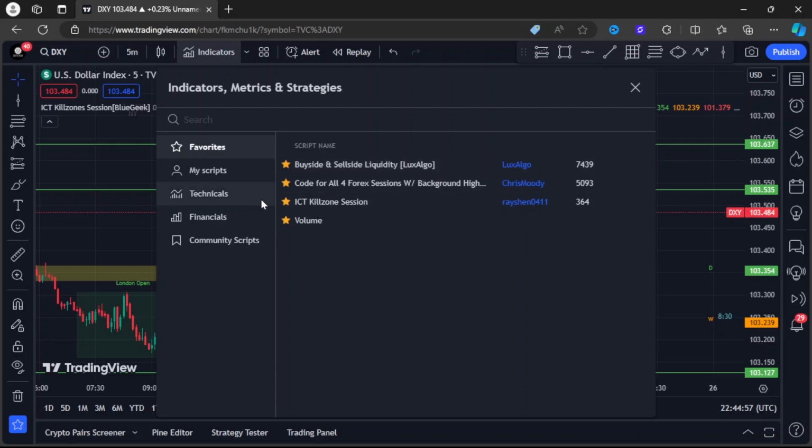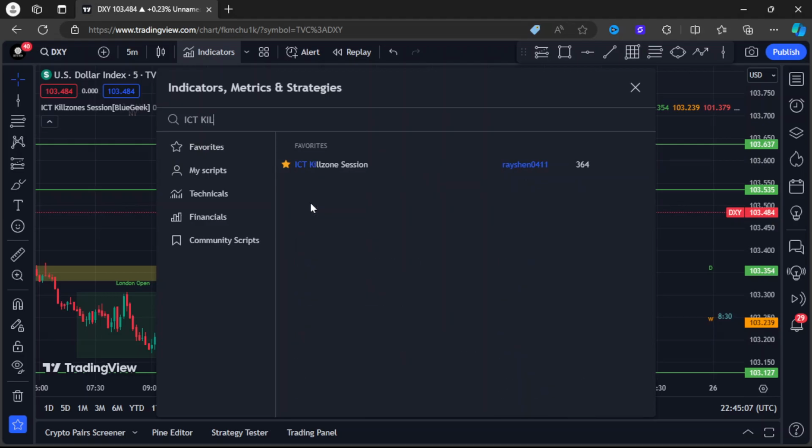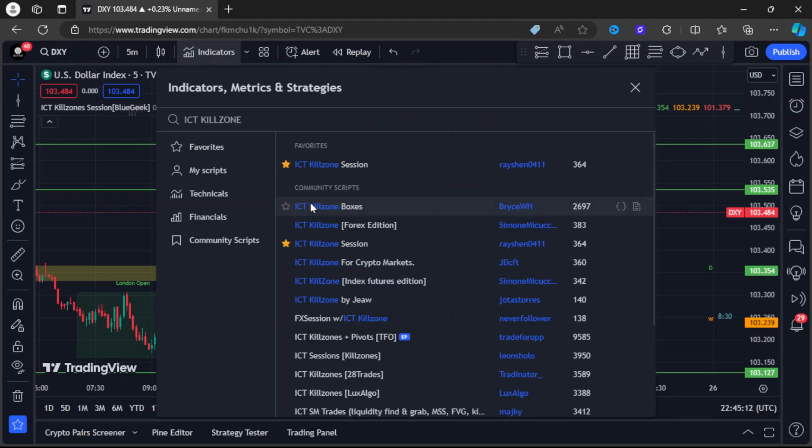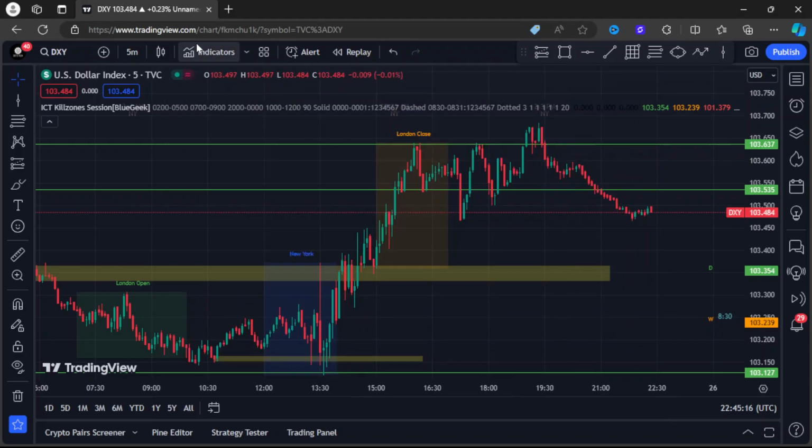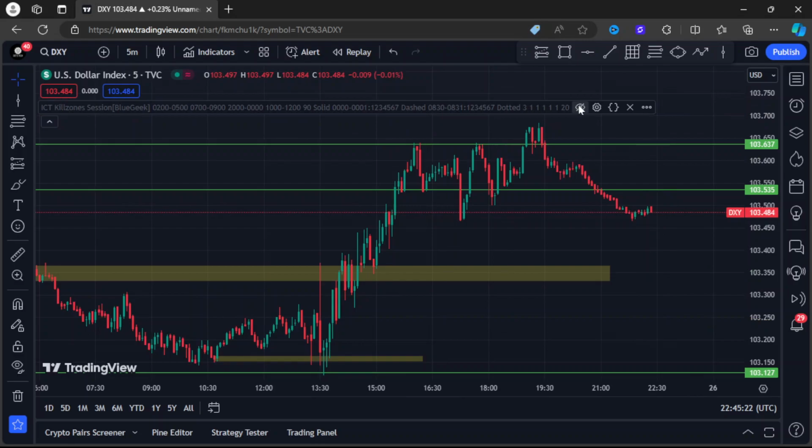You just need to type ICT Killzone session, so you can search ICT Killzone session, and we have it here. I have it installed right here, and when I turn it off, it disappears.